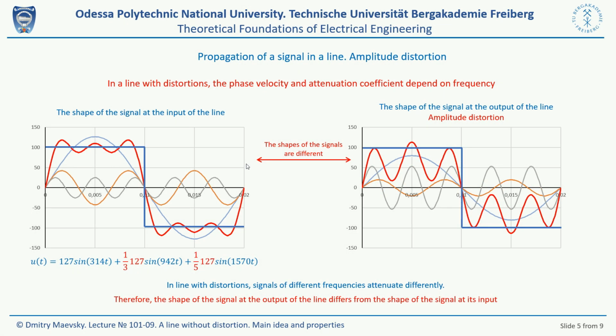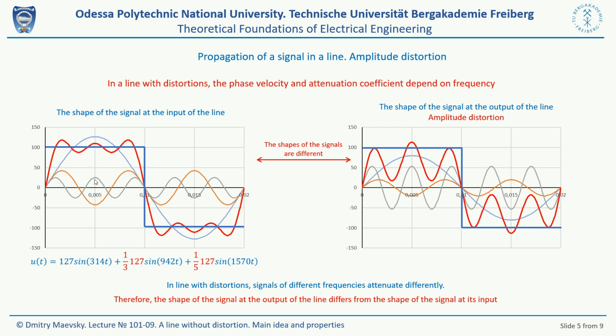Phase distortion is not the only type of distortion that can occur when a signal is propagated through a line. Let's take another look at this figure. For the sum of several sinusoids to form a signal of a certain shape, certain phase relationships between them are just one requirement.